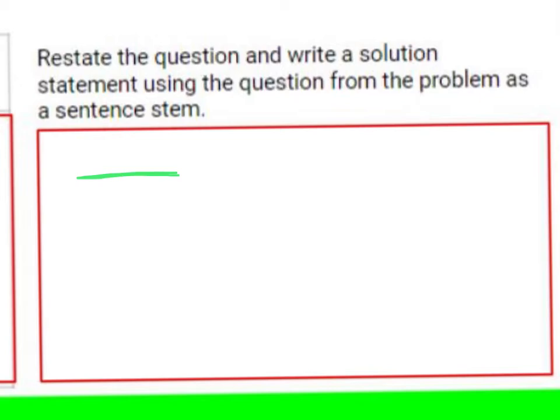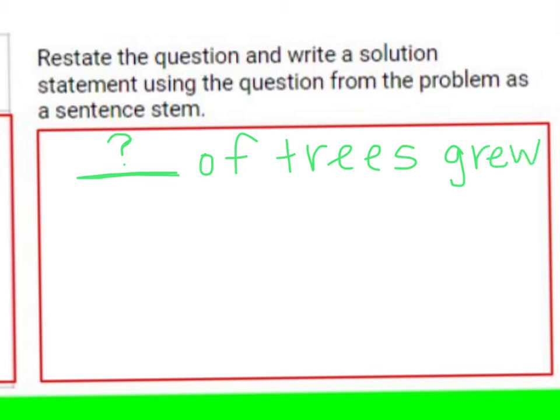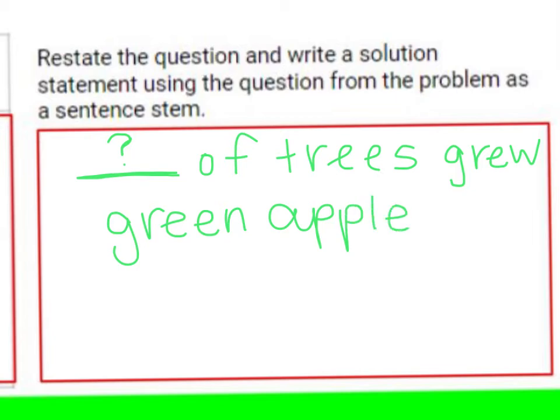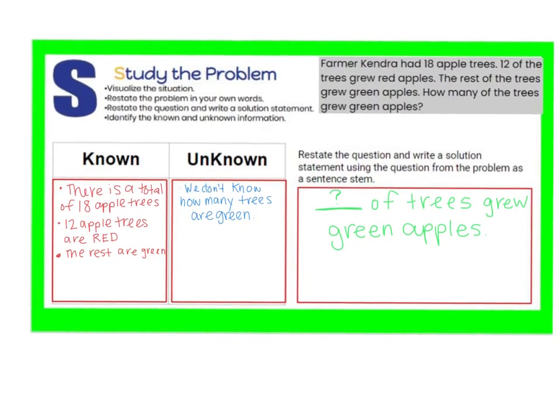Blank number, so this is going to be the number that we don't know, of trees grew green apples. Period. So we're going to start our answer with however many trees grew green apples. Okay, so that's going to be our sentence stem to answer the question.